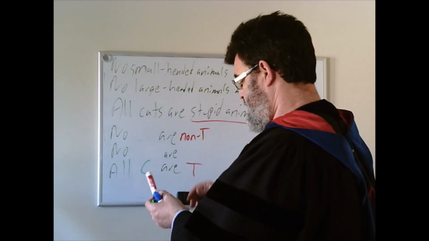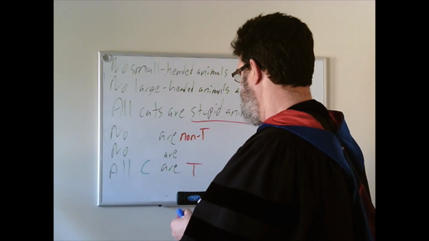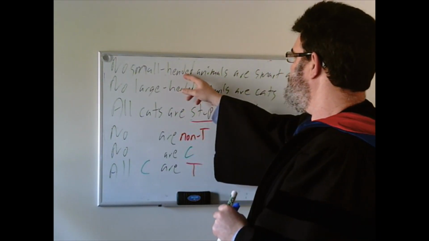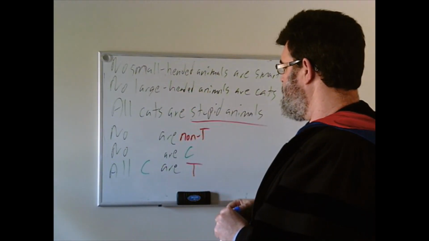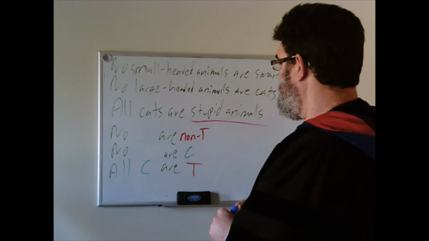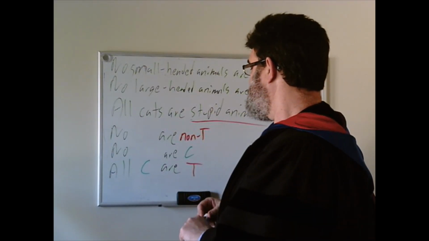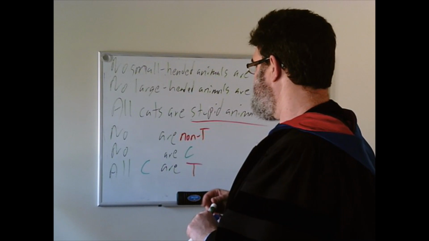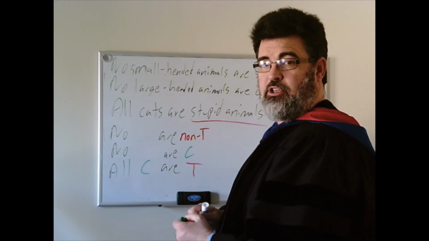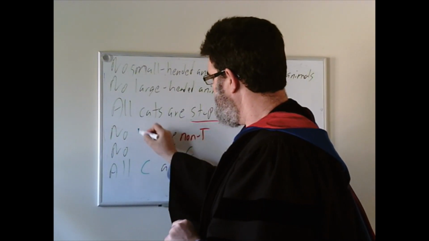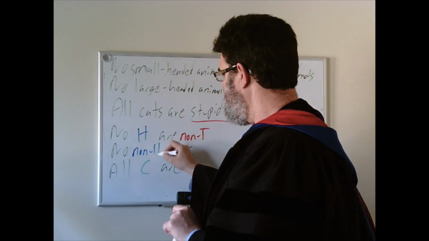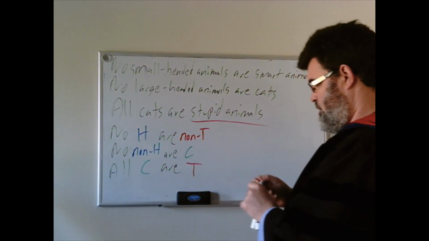Cats remains the same. And now I have small-headed animals and large-headed animals, so that's where I have to do my other complements. To make my life easier, I'm going to say H, I think blue is the middle term color, H for small-headed animal, and non-H for large-headed animal.